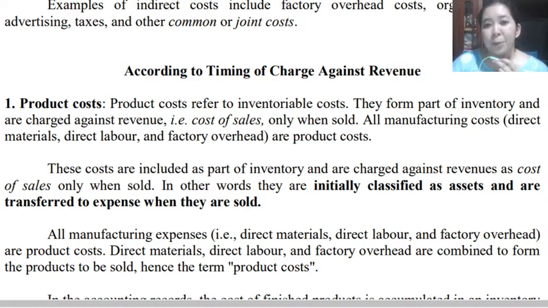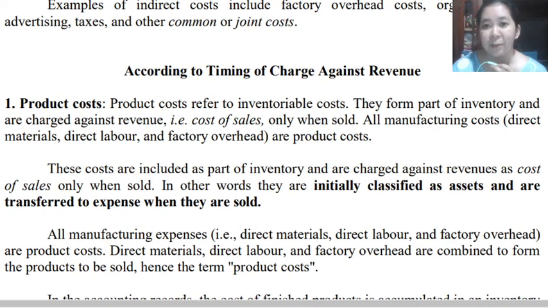Okay, so please take note also that what we include under the product cost are only manufacturing costs. Direct materials, direct labor, and factory overhead are the only costs that we can classify as product cost. So basically, these costs, as mentioned earlier, are part of our inventory and will be charged against the revenue and recognized as cost of sales when the items or the inventory are sold.